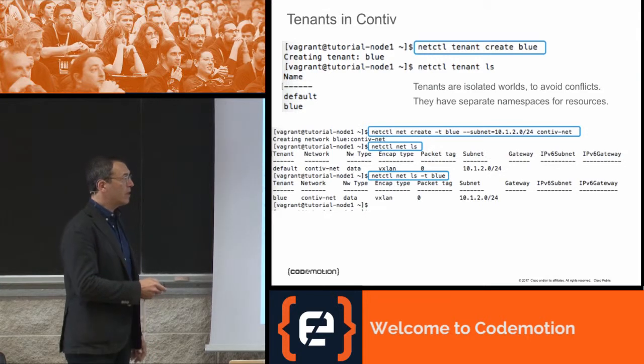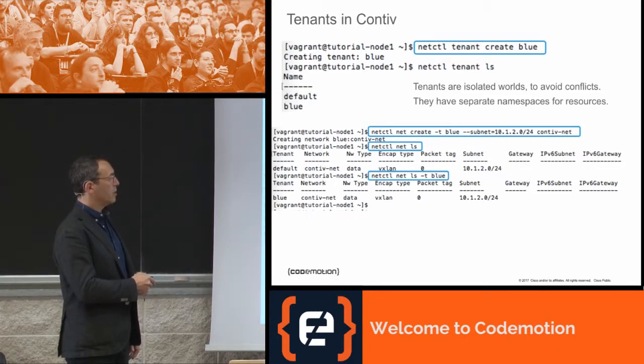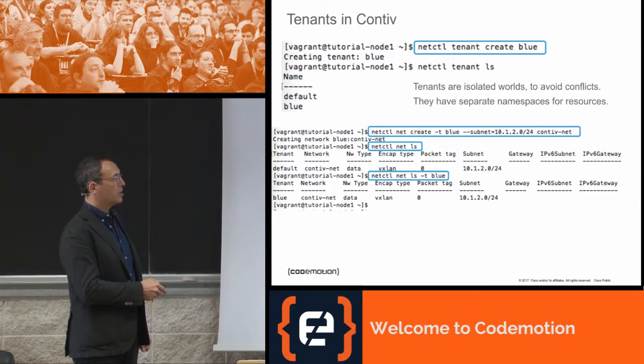So I create the network, I issue the ls command for the nets, and I see that I have a default tenant, network ContivNet, and this subnet. If I issue the net ls command with the tenant blue, I will see the same name and same subnet, but under a different tenant.